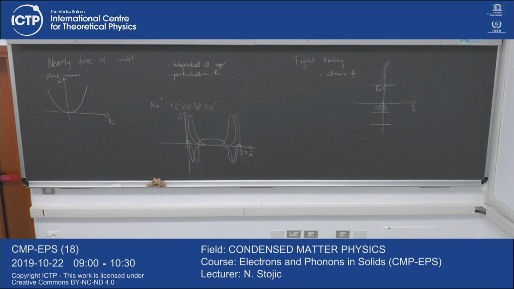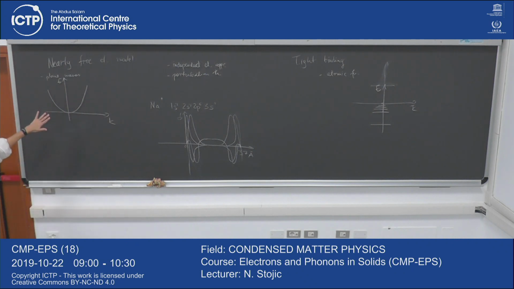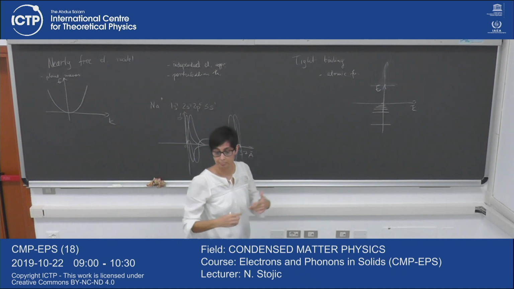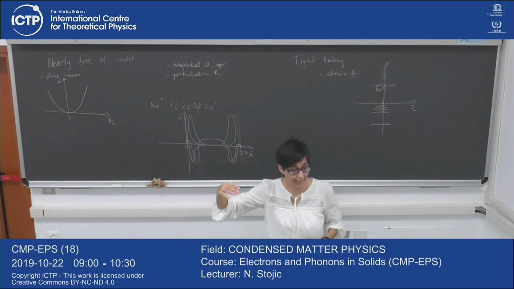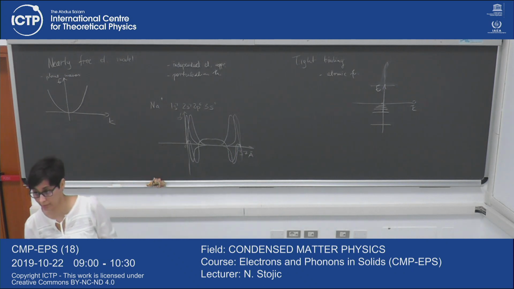And then what happens when you actually, this is the basis, no? This is the starting point. But then you add the potential. Here, the potential is the weak potential of the lattice, the weak cosine or whatever.